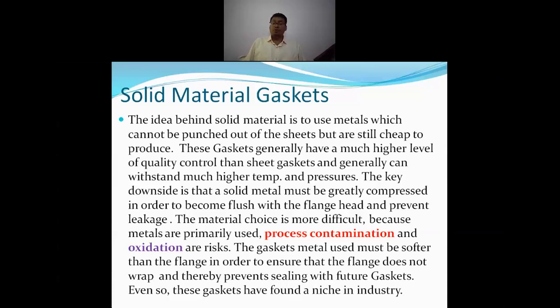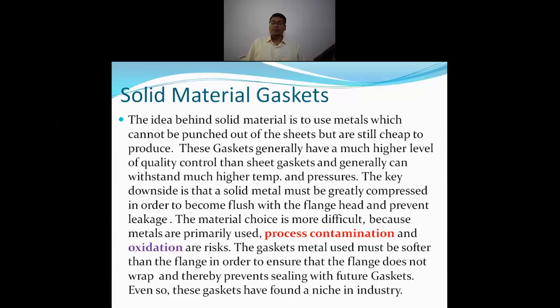The material choice is more difficult because metals are primarily used. Process contamination and oxidation are at risk. So with process contamination, I have to think whether my chemical process fluid will react with this metal.